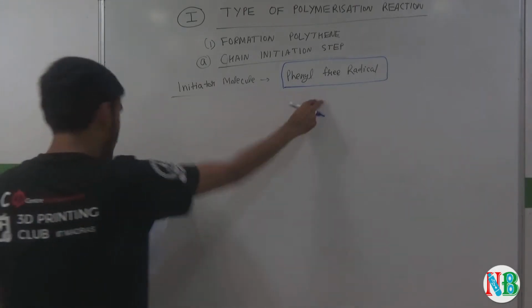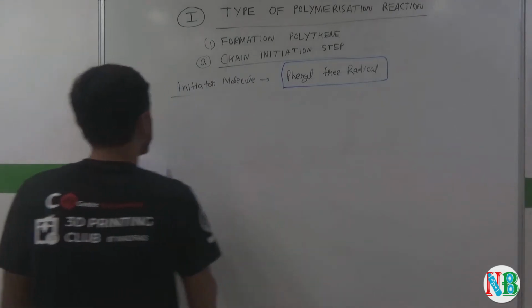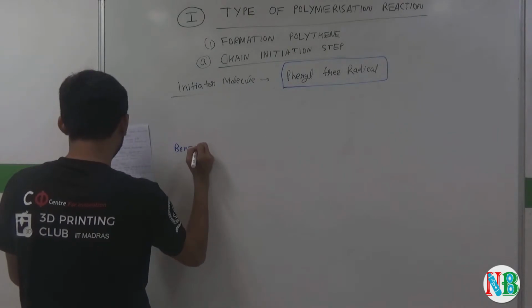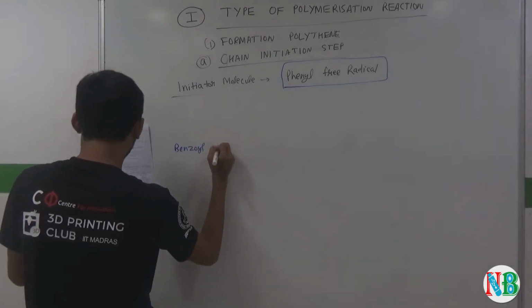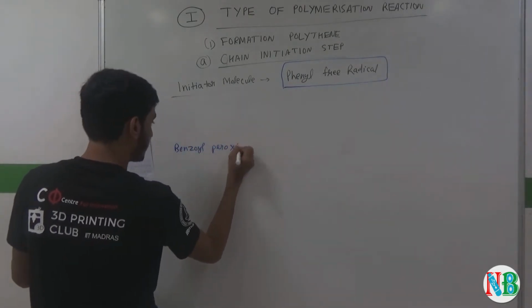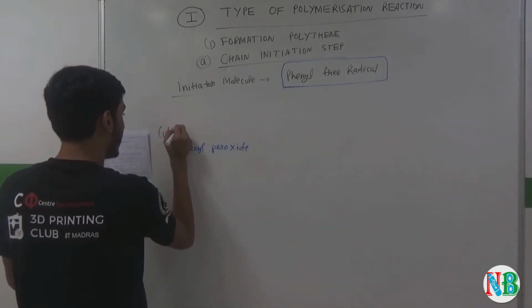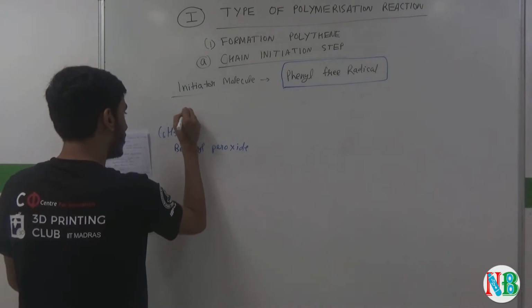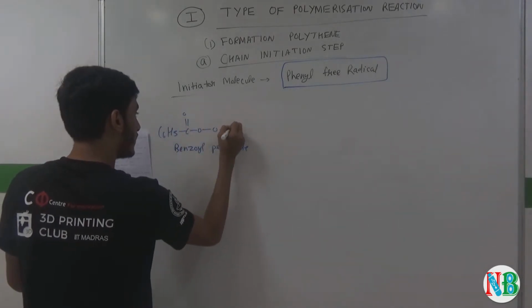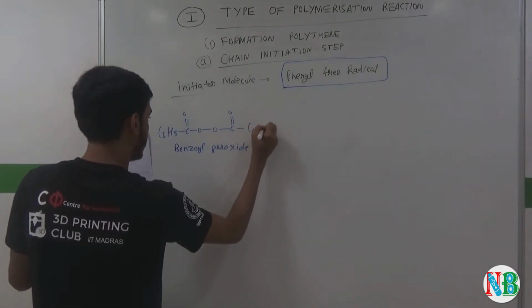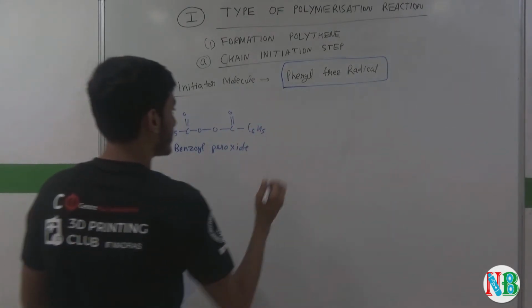So how to form this? This is formed using benzoyl peroxide, and it looks like this: C6H5COOO. Peroxide is like this.